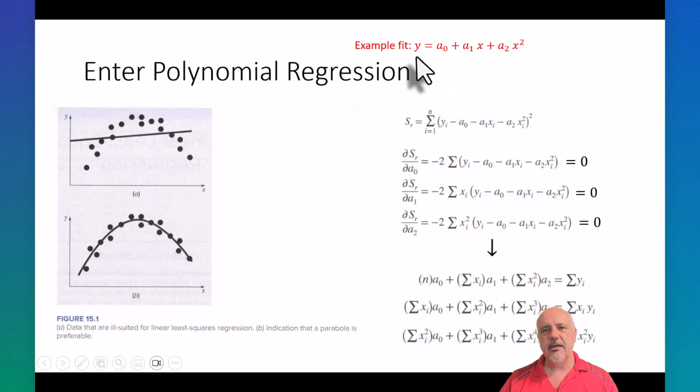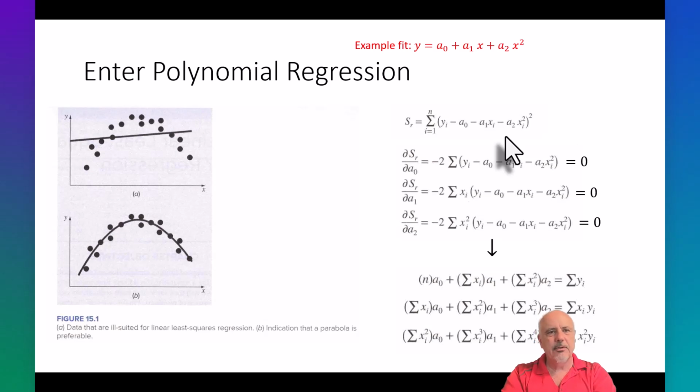Okay, so we take this y that looks like a parabolic equation, and we set up our residuals for that. So the residual is going to be the sum of the squares of yi minus the fit quantity squared, the sum of squares of the residuals. So that's going to be my SR.